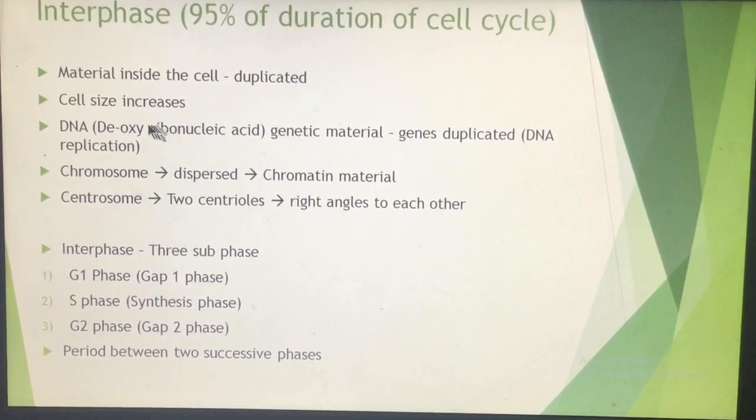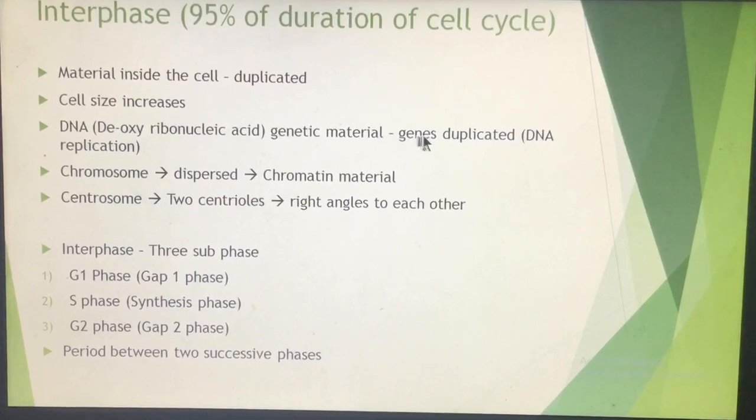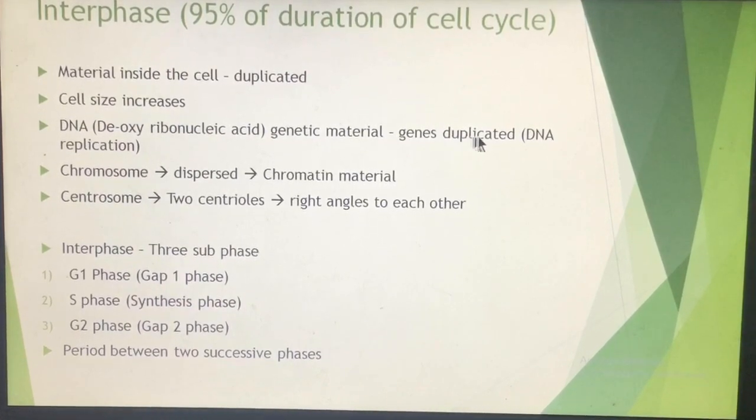When one cell divides into two, the DNA passes from one cell to another cell, and the genes which are present inside the nucleus are made up of DNA. So the genes are made up of DNA. If I say the genetic material gets duplicated, that means the gene also gets duplicated.